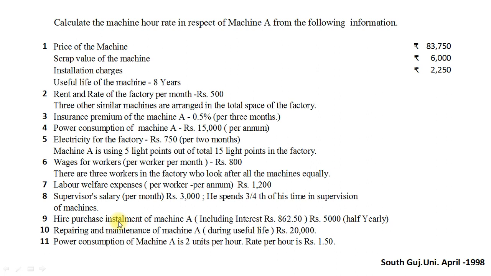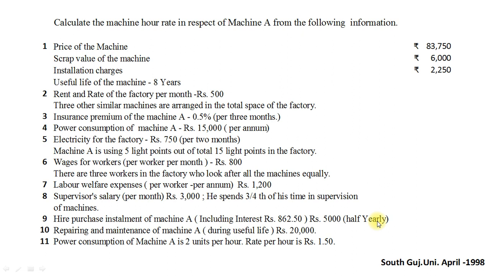Next is hire purchase installment of machine, including interest, of rupees 862.50. Rupees 5,000 is the installment amount including interest, half yearly. My dear students, please understand, an installment carries two things: principal plus interest.